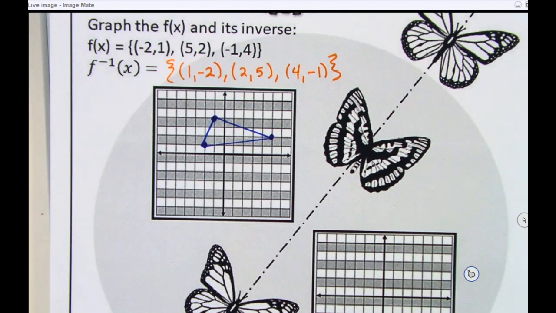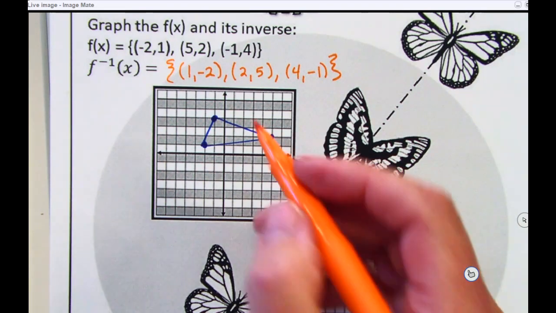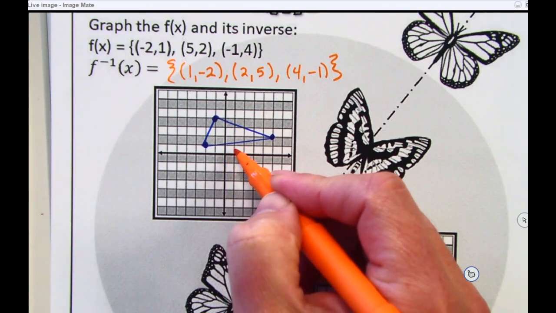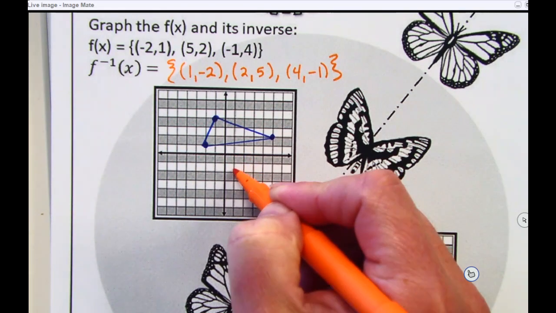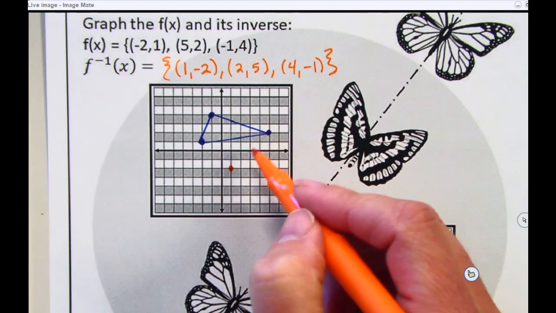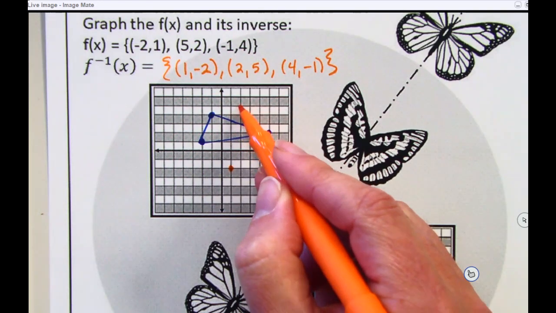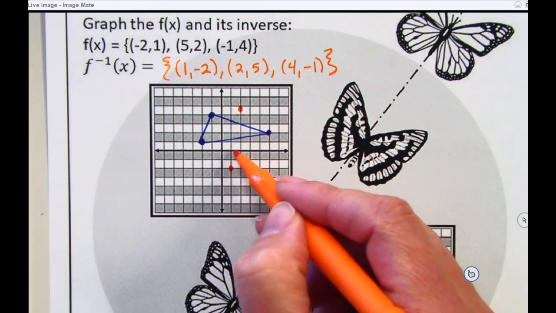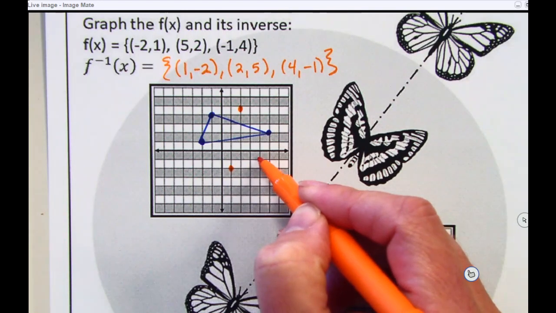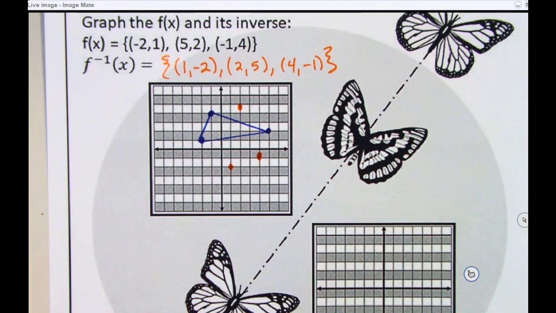Once you have those inverse points written down, I'd like you to graph those points. And then do the same thing, make the triangle.